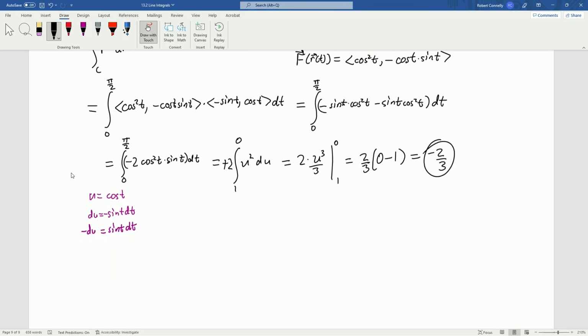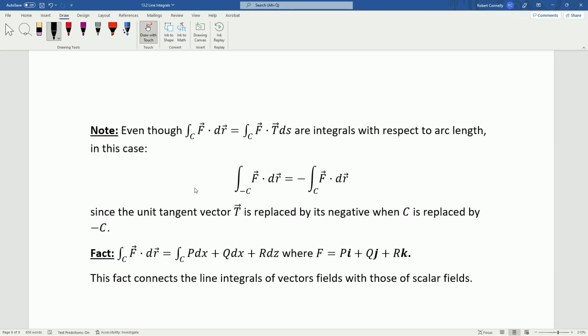Okay, so let's go ahead and just look at a note here real quick. Even though these work integrals are integrals with respect to arc length, in this case, if you change the parameterization of your curve, you get the negative of your integral.